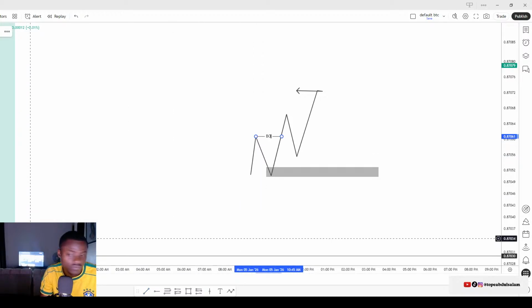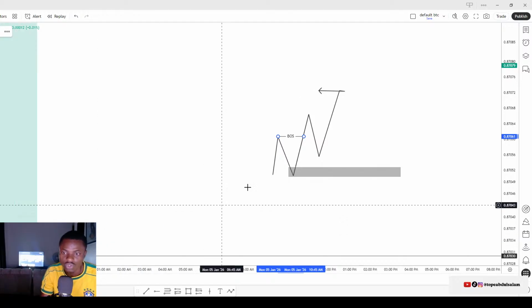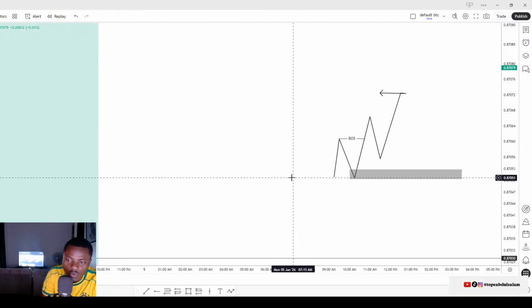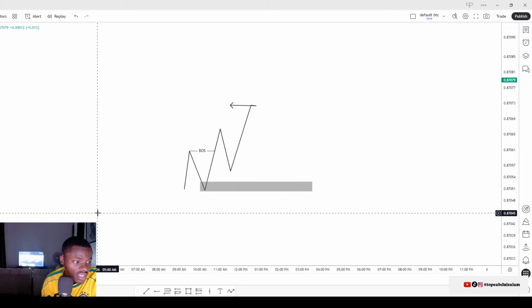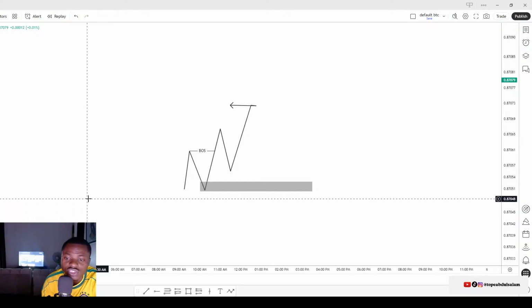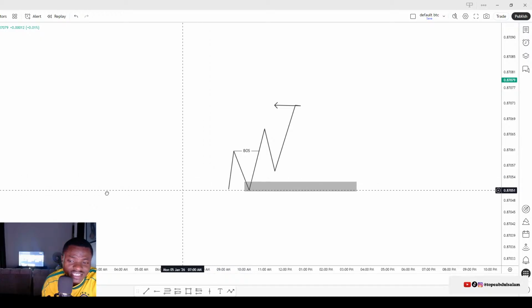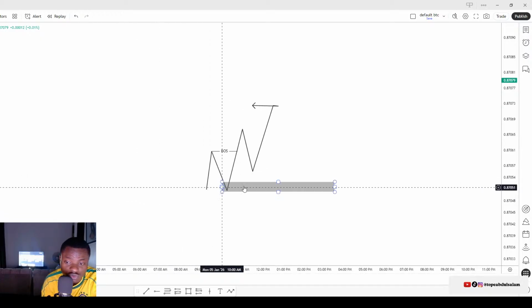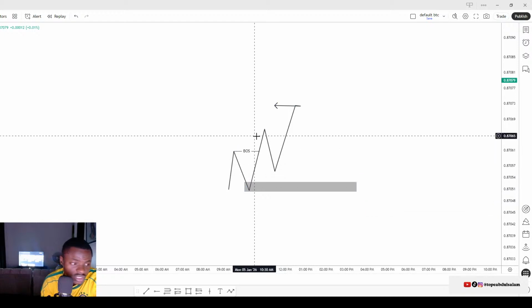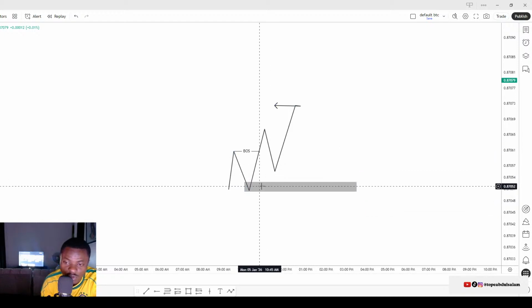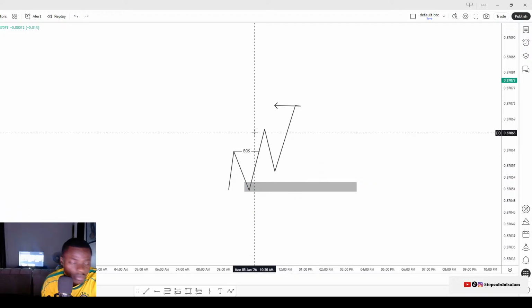Once you have your break of structure, for you to know a structural liquidity or an inducement, you need to have a break of structure and a point of interest. The structural liquidity or inducement is the first fail pullback to the break of structure. Like I taught you guys, if you're in an uptrend and you are going to take a buy, we'll be looking at this point of interest to take a buy from.